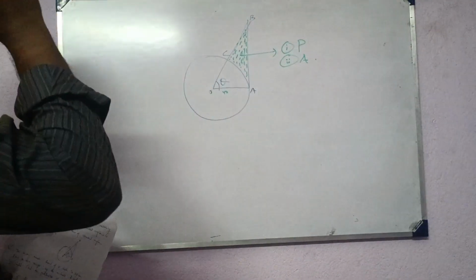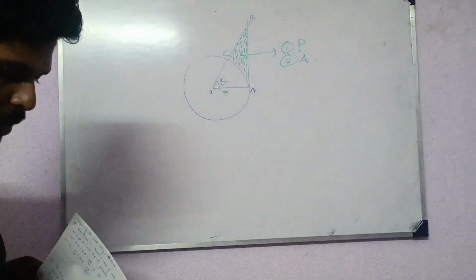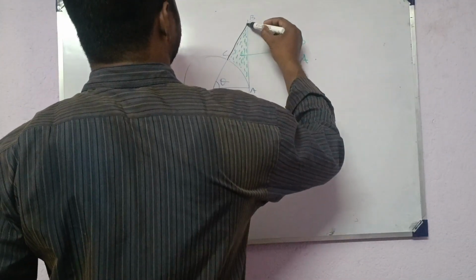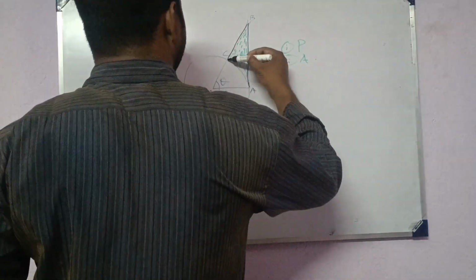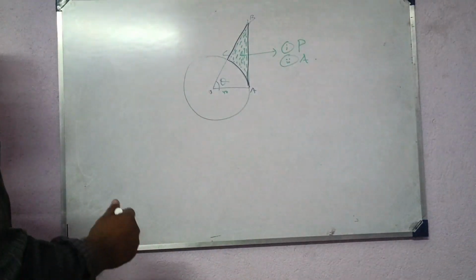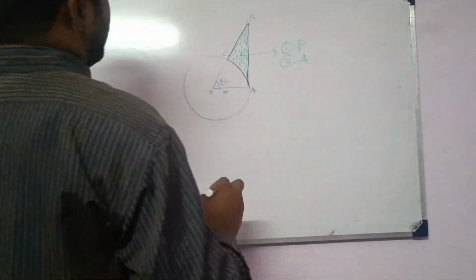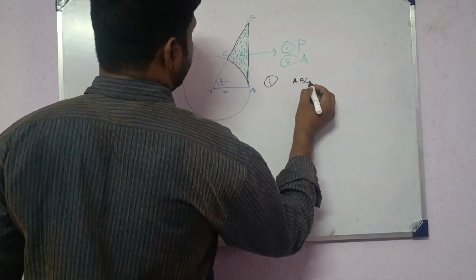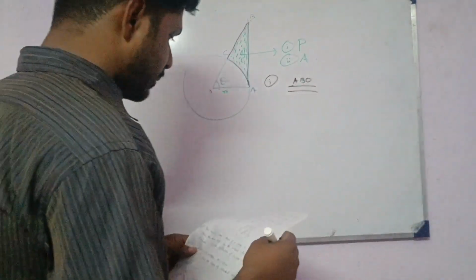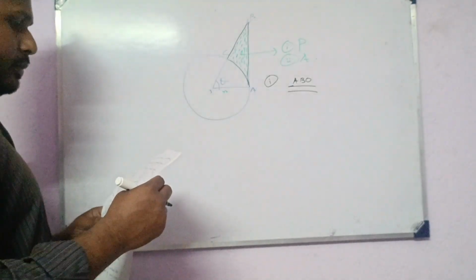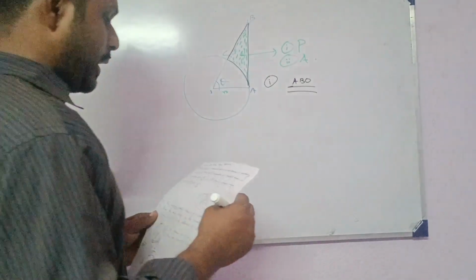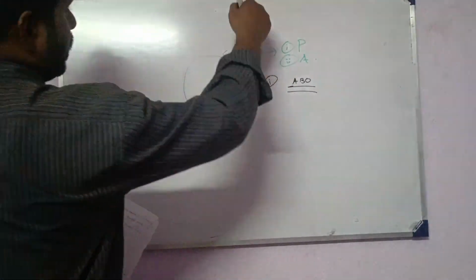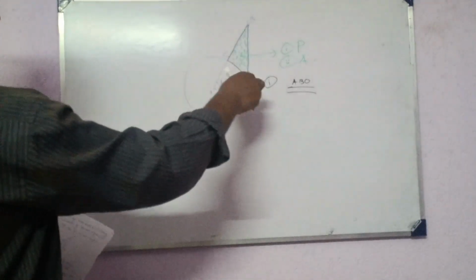Now to find the perimeter of the shaded portion, we have to get this length, this length and this length. We need these three lengths to find the perimeter. Now in triangle ABO, which is obviously a right angle triangle, because AB is a tangent, it just touches at this point.